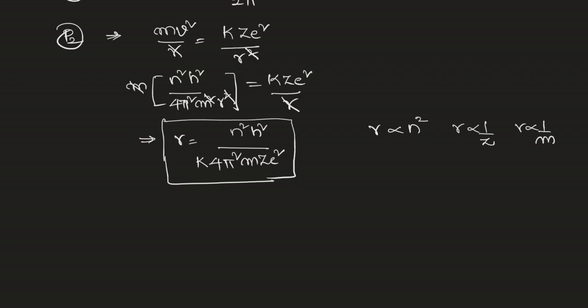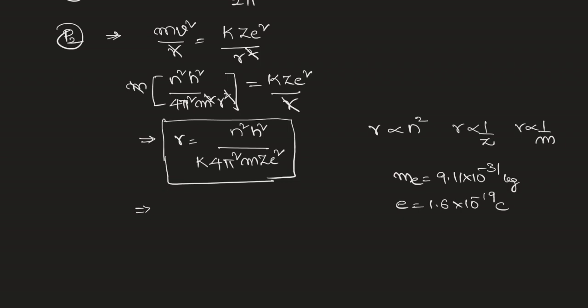And if I substitute for the electron, as we know, the mass of the electron is 9.11 into 10 to the power of minus 31 and the charge of the electron is 1.6 into 10 to the power of minus 19 coulombs.